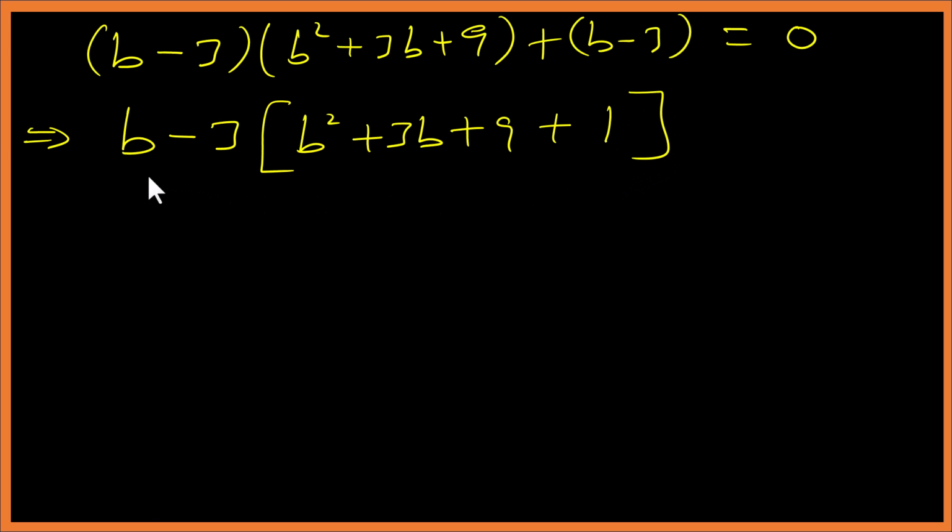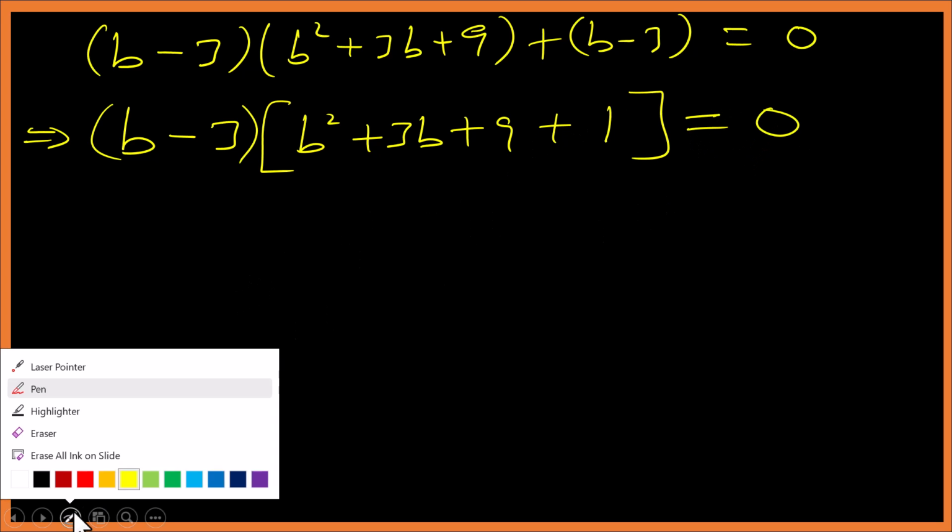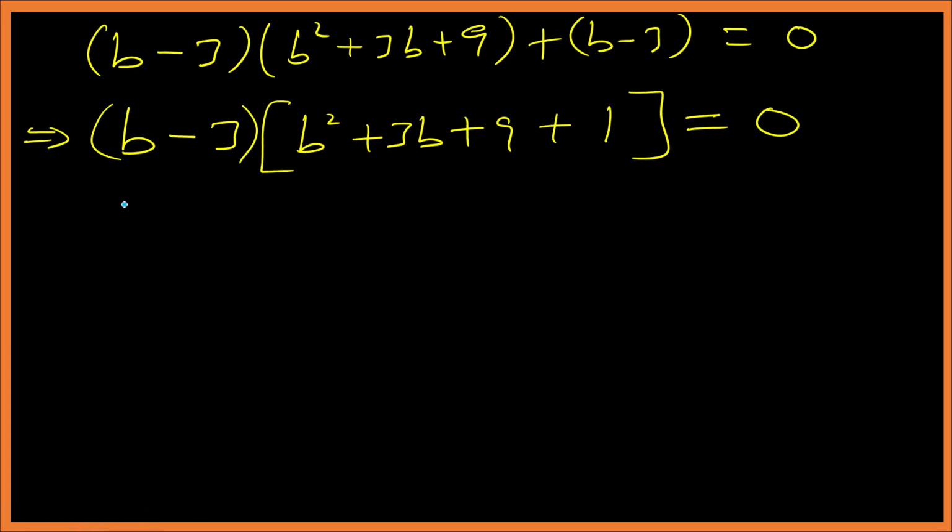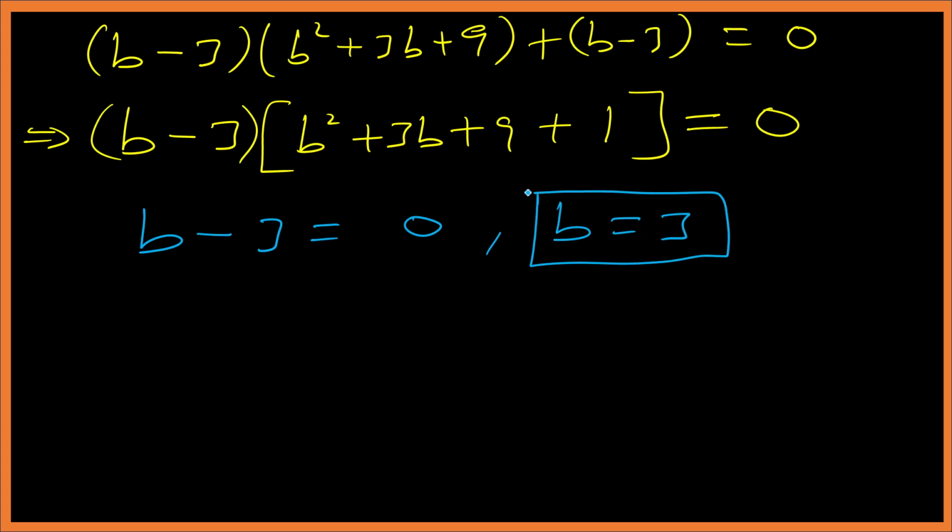Going back, this one will multiply that to get this, and it will multiply the 1 here, so plus that equal to 0. Now we have b minus 3 equal to 0, therefore b is 3. So the first answer for the question is 3.